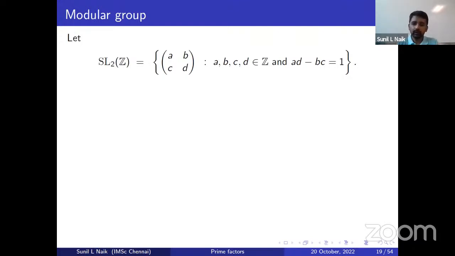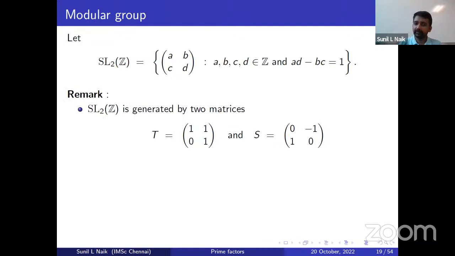So let's recall a few facts from the theory of modular forms. Let SL2(Z) denote the 2 cross 2 integer matrices with determinant equal to 1. It is called the modular group. It is generated by the two matrices T and S. T is equal to (1, 1; 0, 1), and S is equal to the matrix (0, -1; 1, 0).